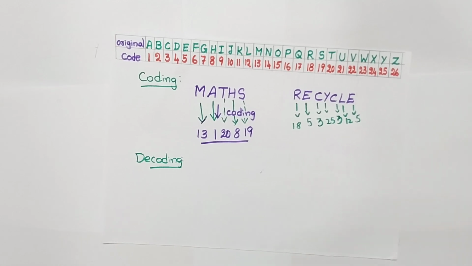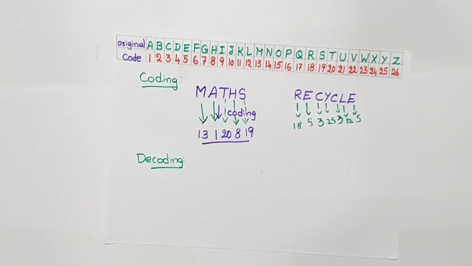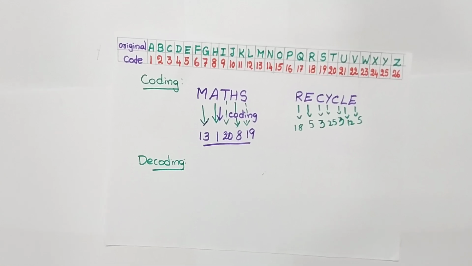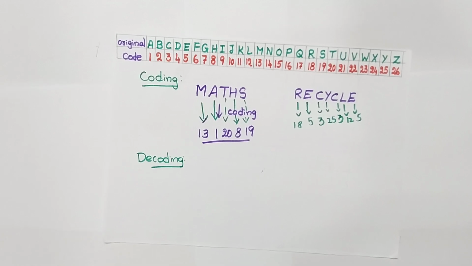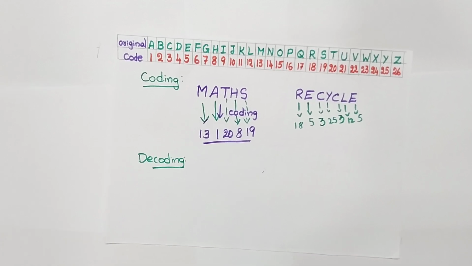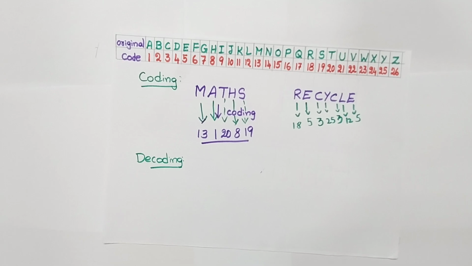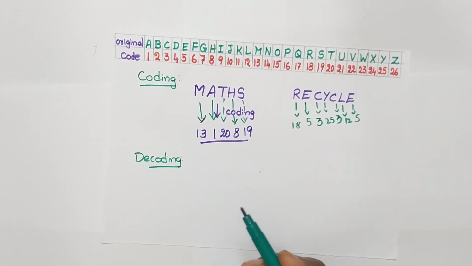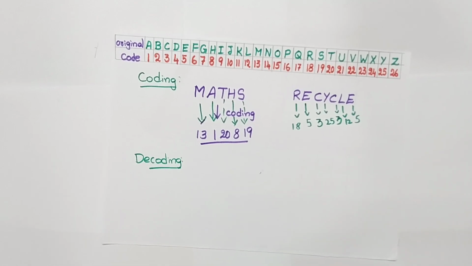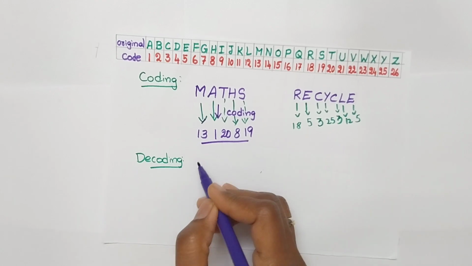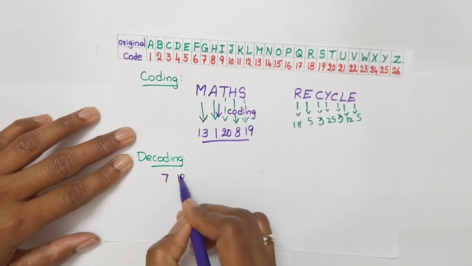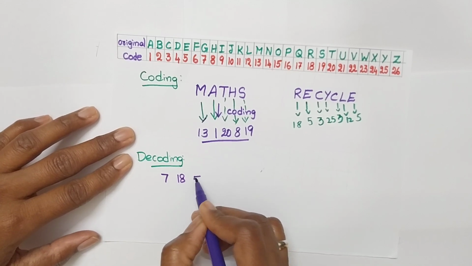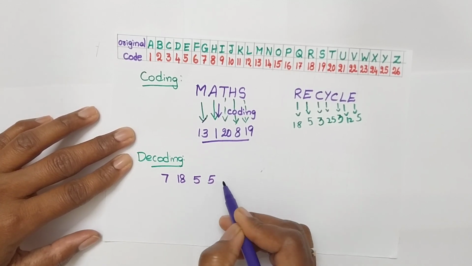So we take some coded message or code number for this pattern to make it into the original meaningful text. I will take 7, 18, 5, 5, 14.